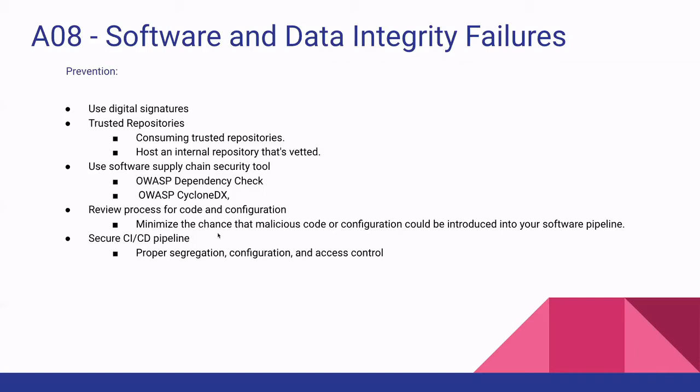Also minimize the chance that malicious code or configuration could be introduced into your software pipeline. That means you need to protect your CI/CD pipeline, continuous integration and continuous delivery. Today everybody wants to push their code very fast and very quickly out to production, so you need to make sure it is segmented and properly configured, with authentication and multi-factor authentication, because that is where one can get in and push that code to anyone who is consuming.